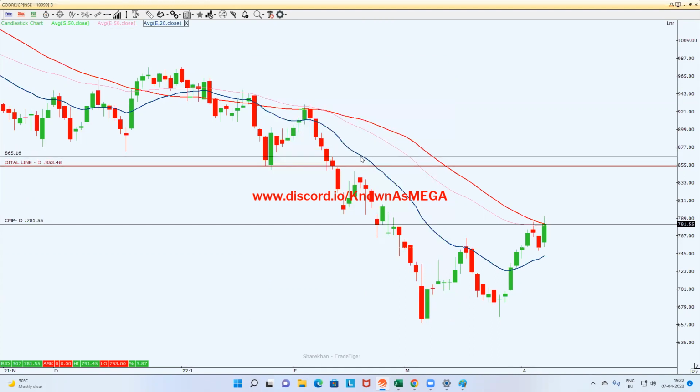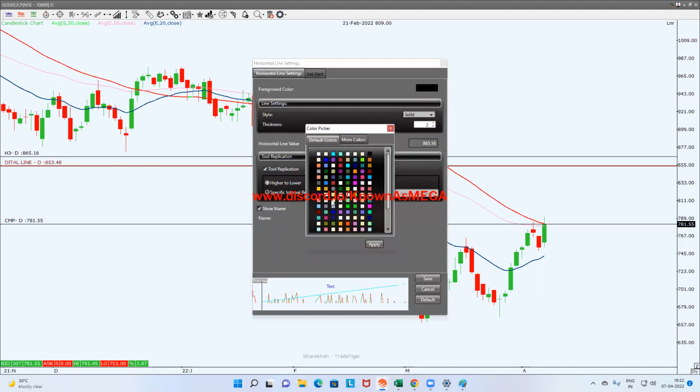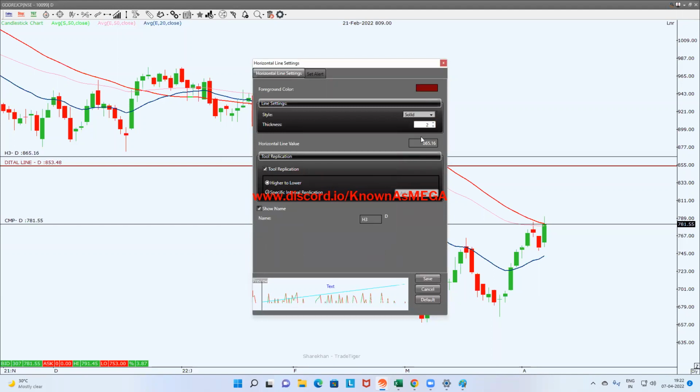Is this the highest wick? Sorry, I've made a mistake here. Just give me one moment. So this will be my distal line. Proximal line comes first. Sorry, there is a mistake here. So I'm correcting it.